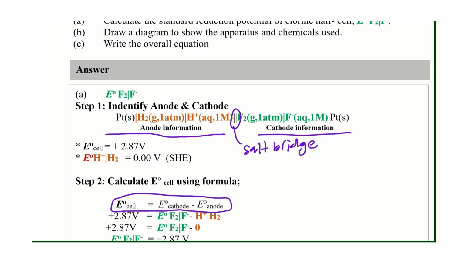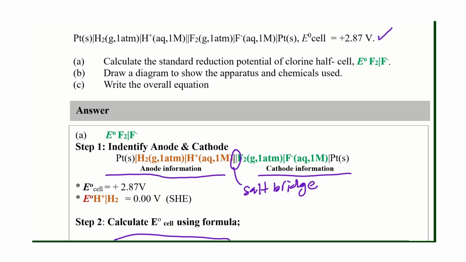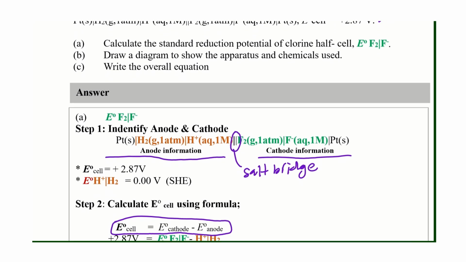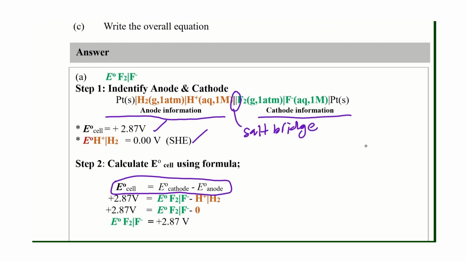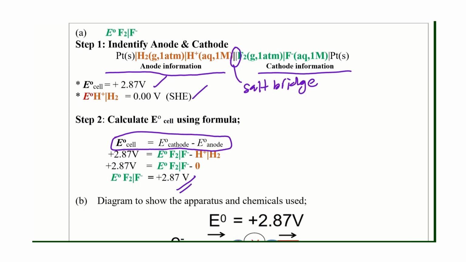E°cell is given as positive 2.87 volt, and E° hydrogen we get from the standard reduction potential table equals 0. Using the formula E°cell equals E°cathode minus E°anode, E°cell is positive 2.87 volt, E°cathode we have to calculate, and E°anode is 0. So we get the final answer: positive 2.87 volt.